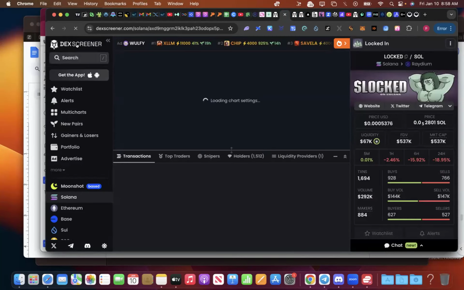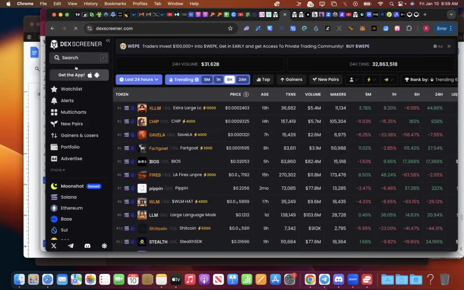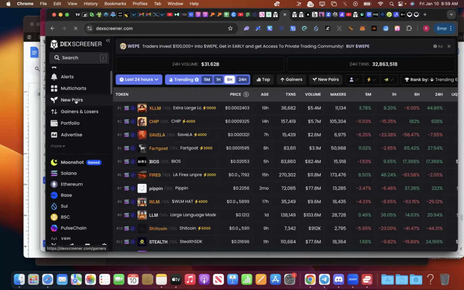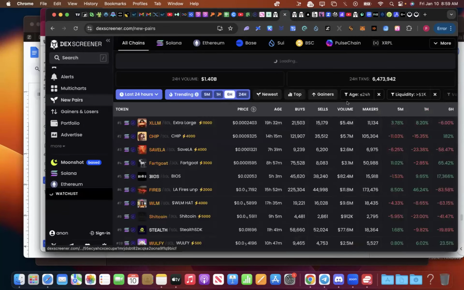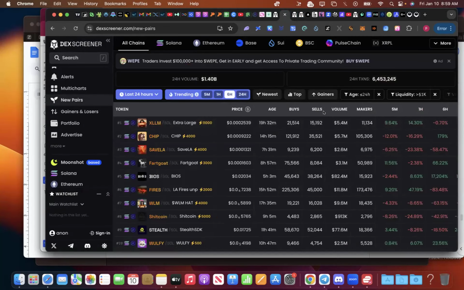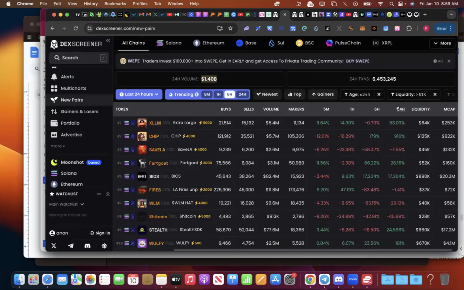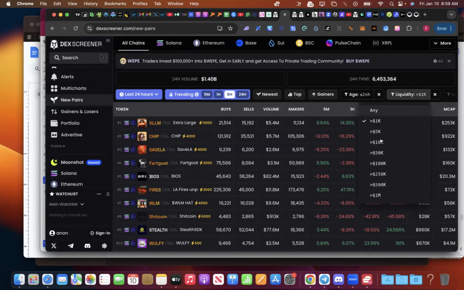We search for a coin, for instance. If I come back here now and I want to search for a coin, say I come here and I say new pairs, maybe if it's Solana based, within 24 hours. Yes, that is the liquidity. I want liquidity to be within 50,000.